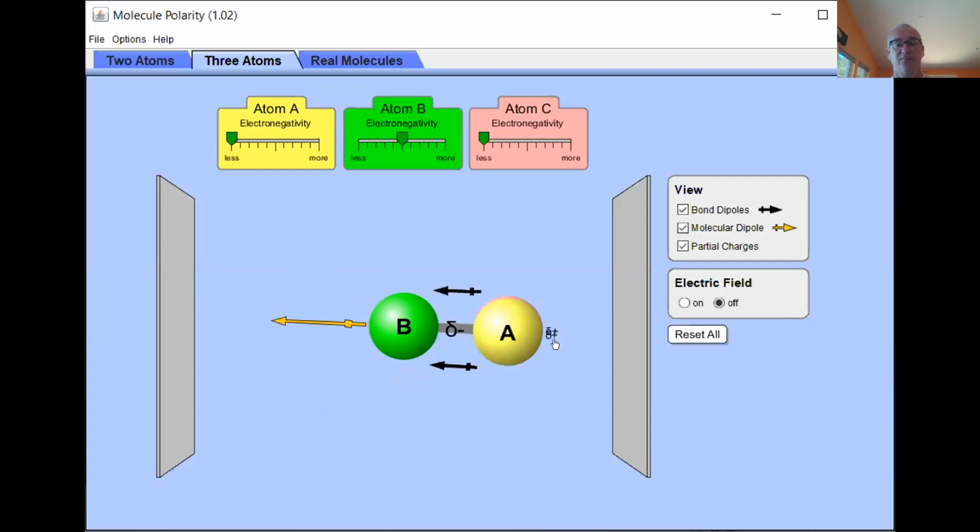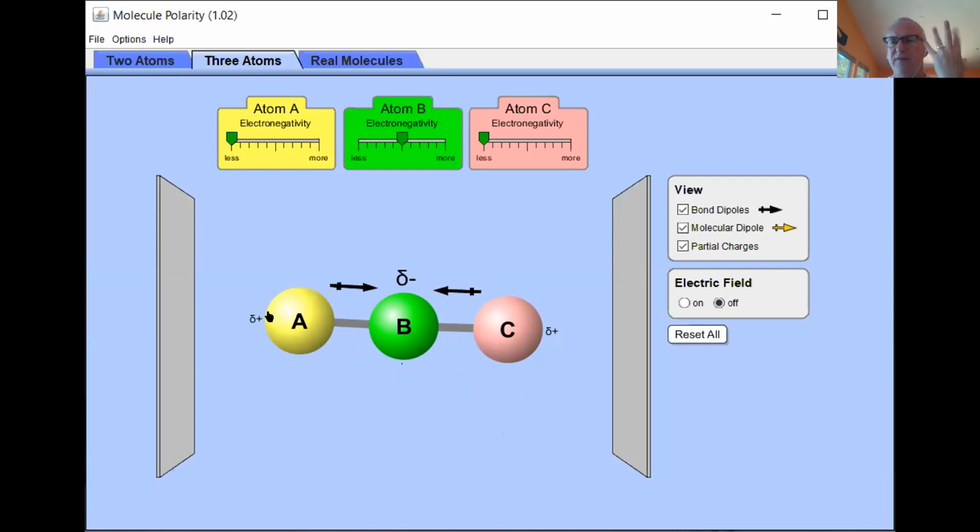So I have a strong dipole between A and B. I have a strong dipole between C and B. If I directly add them together when they're pointing in the exact same direction, my molecular dipole is now twice as big. But if they're pointing in opposite directions, they completely cancel each other out. So yes, the bond dipoles are additive, but you need to consider the directions they're pointing in.